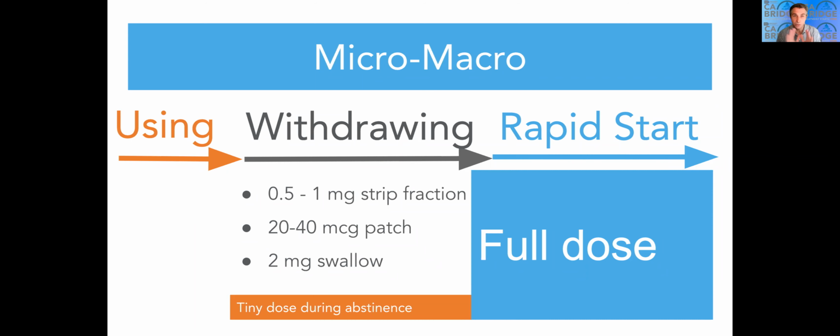But it's a partial agonist, but it's also very high potency. So what does that mean? Basically it means that buprenorphine exerts its effects at very low concentrations. It's a crazy drug, right?